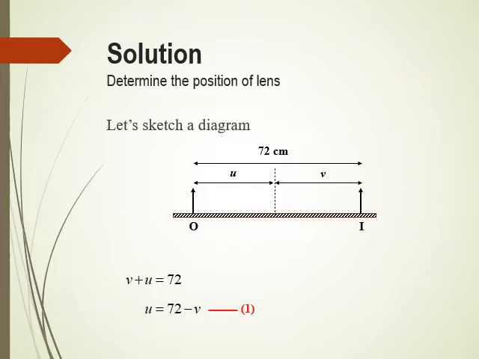But still, we cannot solve it by using just this one equation because you have two unknowns. So let's form one more equation by using the focal length. 1 over f equals 1 over v plus 1 over u. Substitute the values into the equation. You now have the second equation with two unknowns, which is u and v.